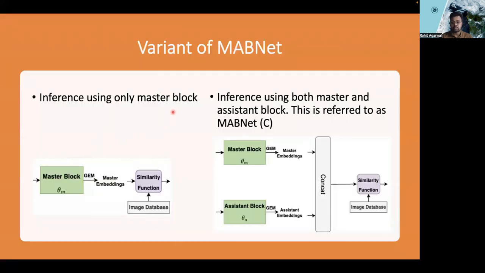We only use the master block at inference, but both master and assistant blocks can be used. We concat the master embedding and assistant embedding to compare it in the similarity function. This is referred to as MabNet C, where C stands for concat.